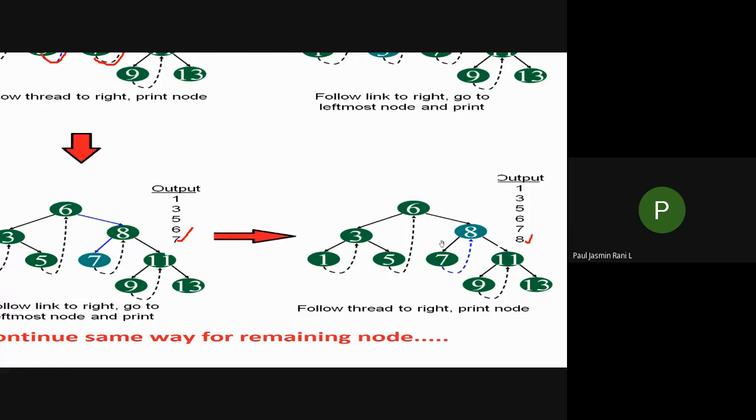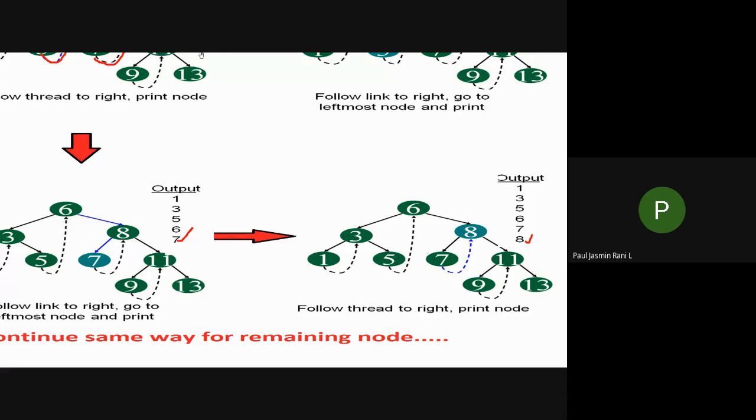So this traversal is faster than ordinary in-order traversal. But the drawback is that construction of a threaded binary tree occupies more space than a binary search tree.